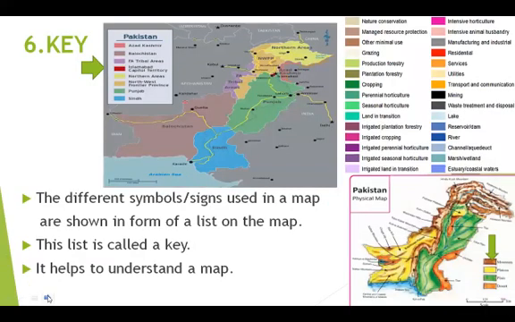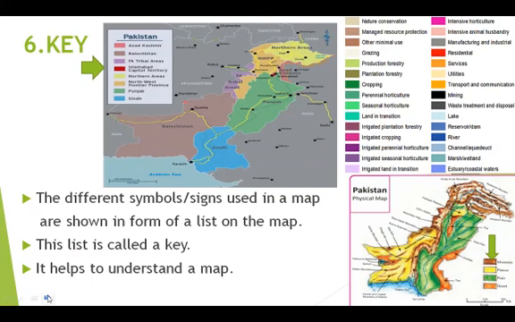And the next element of the map is key. The different symbols and signs used in a map are shown in the form of a list on the map. This list is called a key. It helps to understand a map.